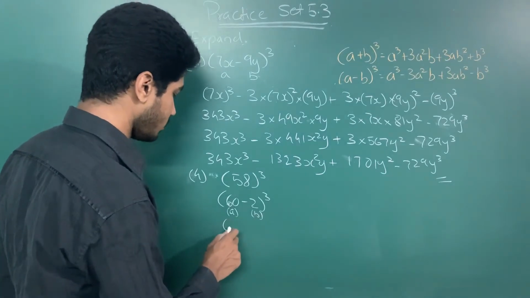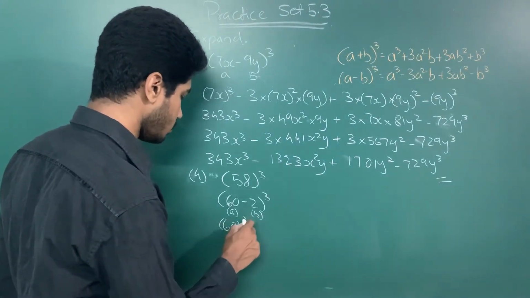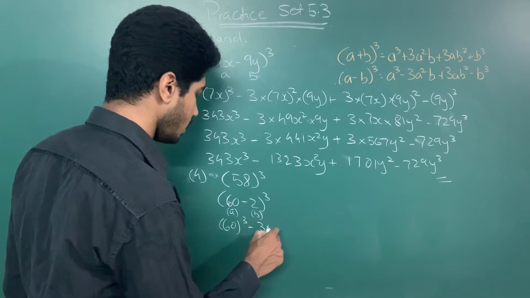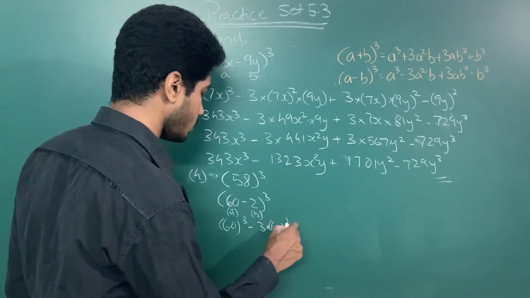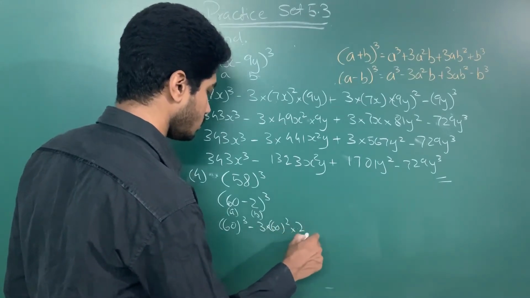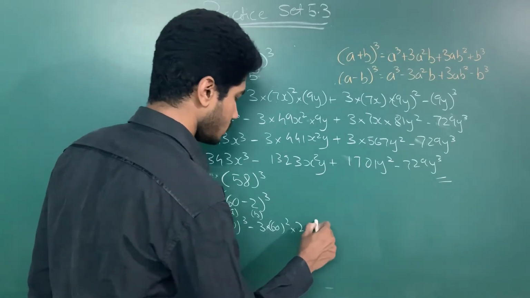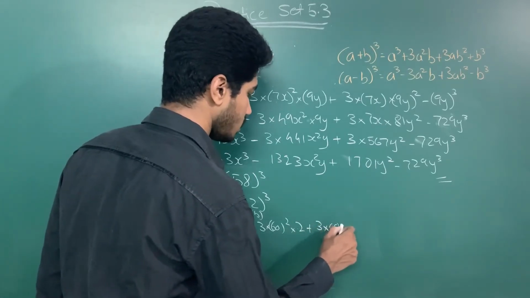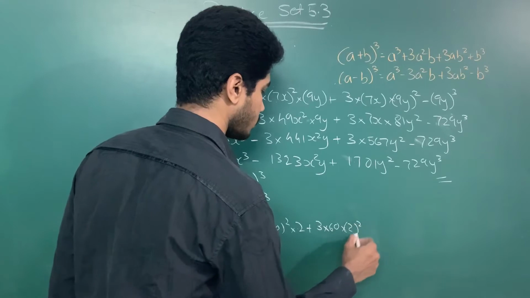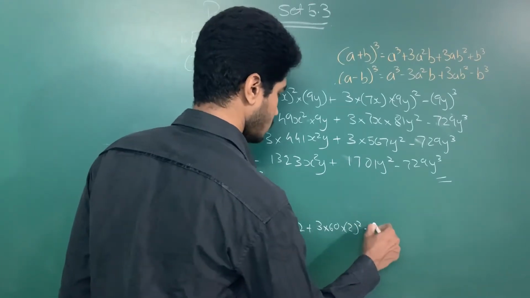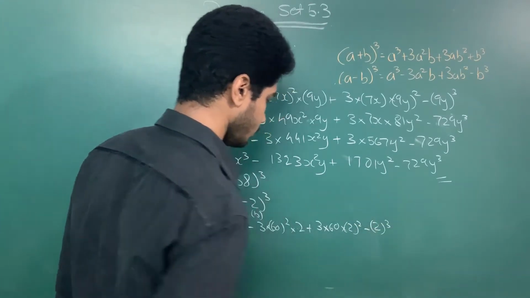So applying the formula, 60 the whole cube minus 3 into 60 the whole square into 2, plus 3 into 60 into 2 the whole square, minus 2 the whole cube.